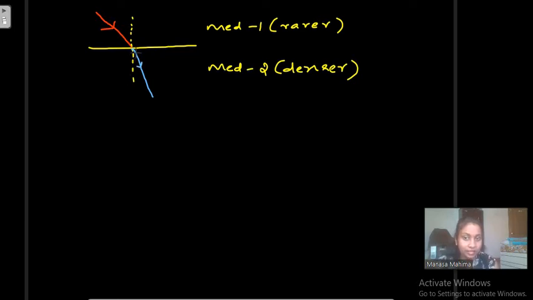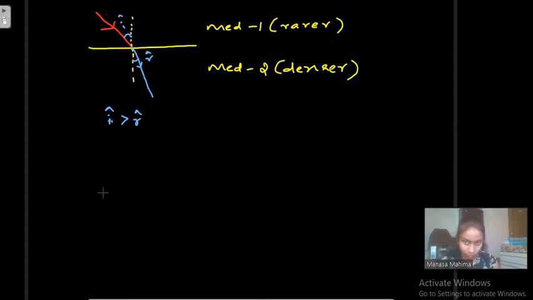That means the refracted ray is bending towards the normal. This is the angle of refraction and this is called the angle of incidence. In this case, the angle of incidence is greater than the angle of refraction. This is one concept we have to know before studying refraction through a rectangular glass slab.